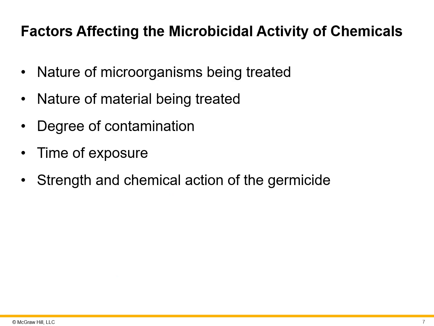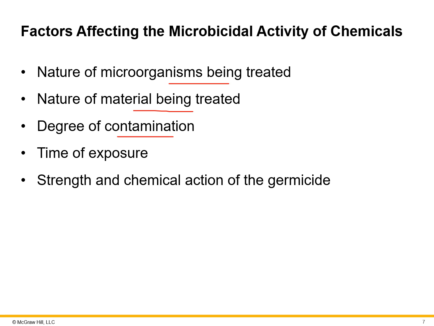Some of the factors that affect its activity: just the nature of the microbe. Are we talking about an endospore? Is it resistant or non-resistant? We have to think about the material being treated. Can it withstand the chemicals? How much contamination is on it?